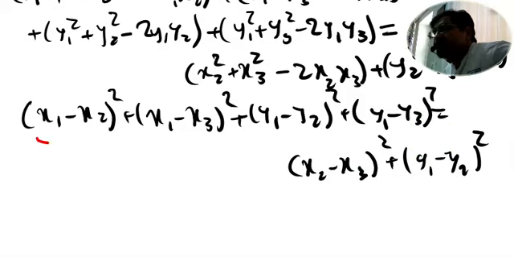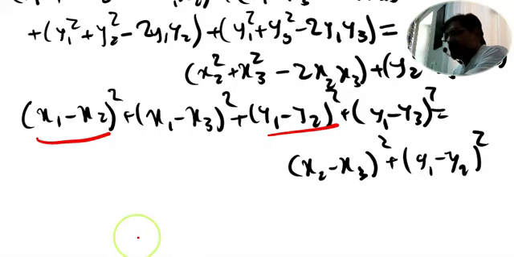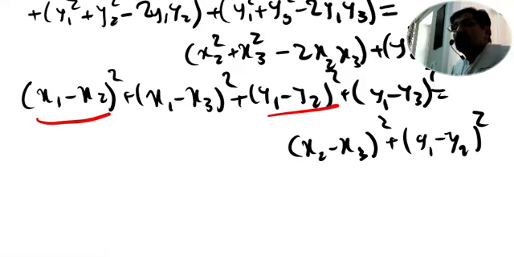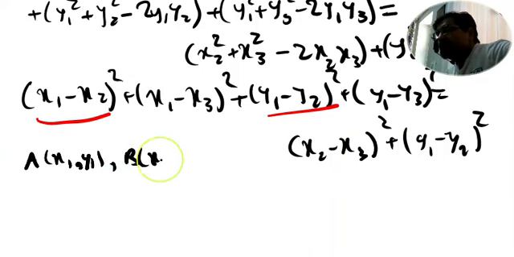Please be careful, we can write A is (x1, y1), B is (x2, y2), C is (x3, y3).